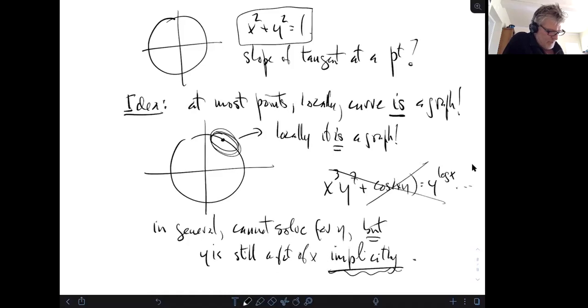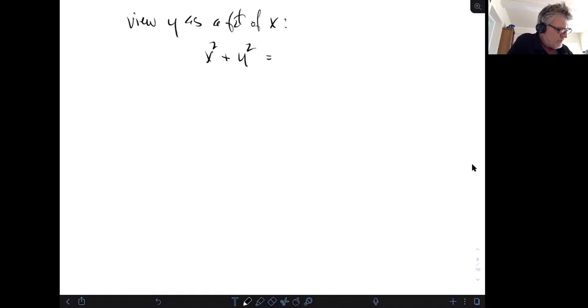So let's just apply it to this very simple case, right? Let's say that I view y as a function of x, and I've got x squared plus y squared equals 1. I can differentiate both sides with respect to x.